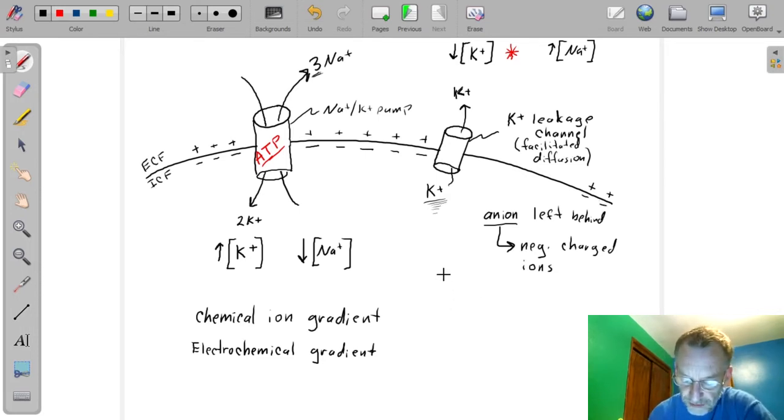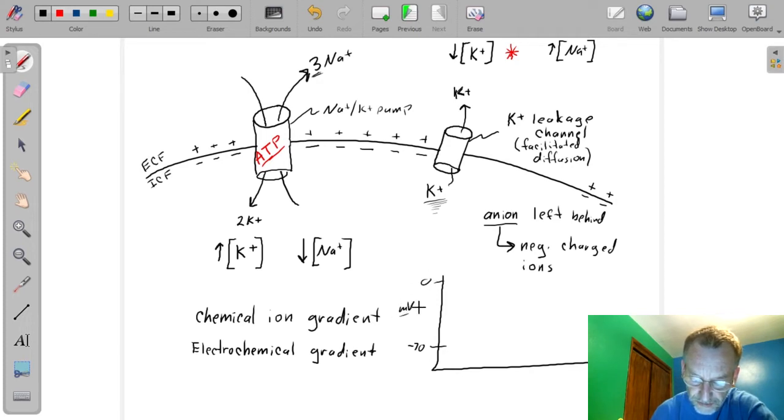So if we're going to represent this RMP, this membrane potential, we might draw a set of axes, and maybe we'll put this at minus 70, and maybe this is at 0, and our scale is millivolts, and time.